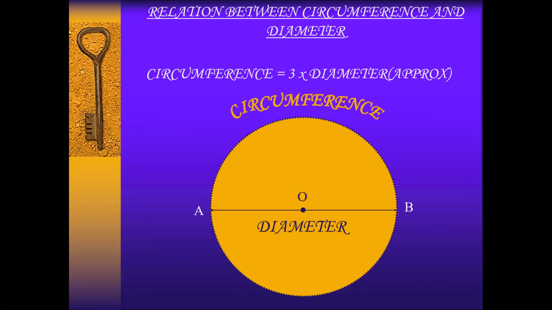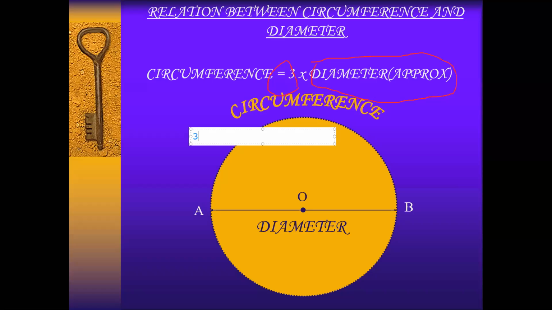The circumference, later on we will talk about the value of pi. To find the circumference, we have to multiply the diameter of the circle with the value of pi. The value of pi is approximately equal to 3.1412.